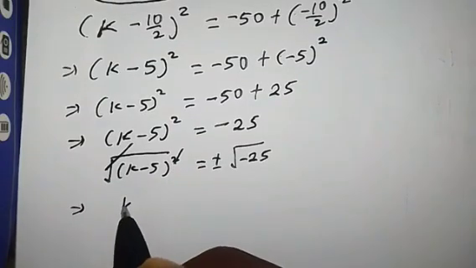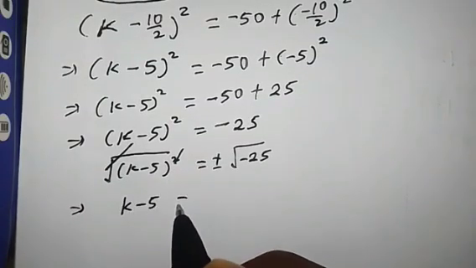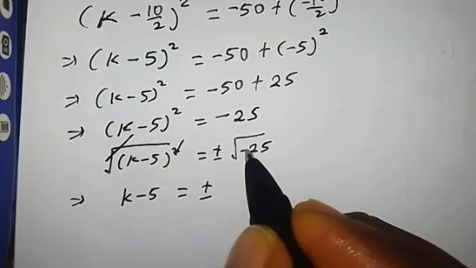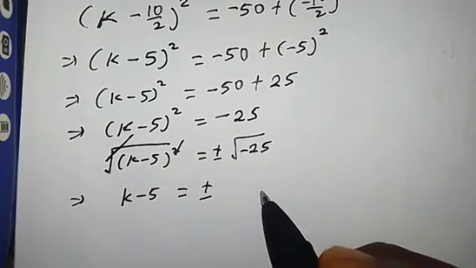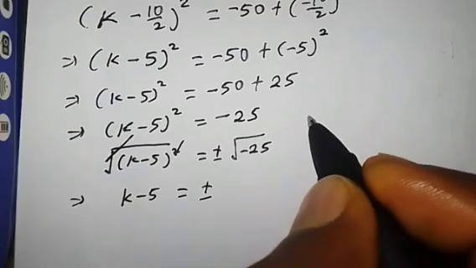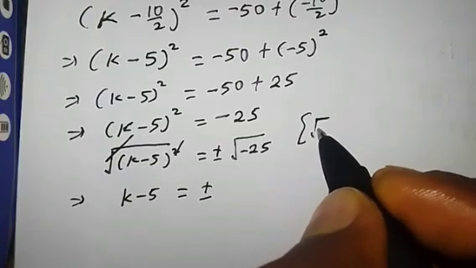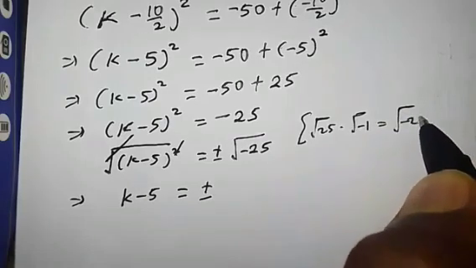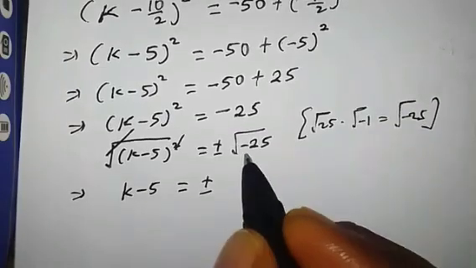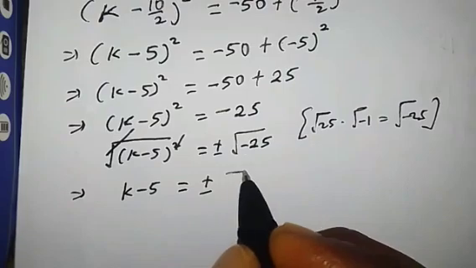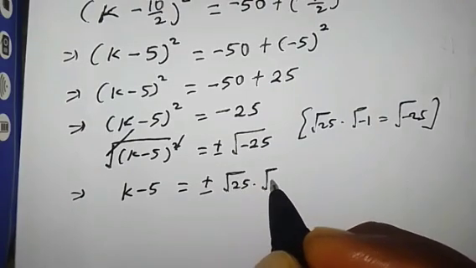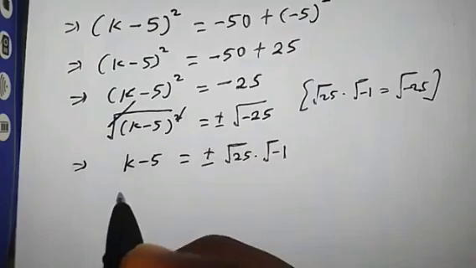We are left with k minus 5 equal to plus or minus the square root of minus 25. We can rewrite it as square root of 25 times square root of negative 1.